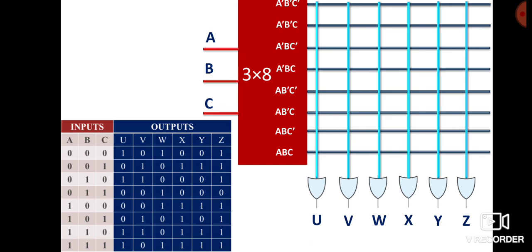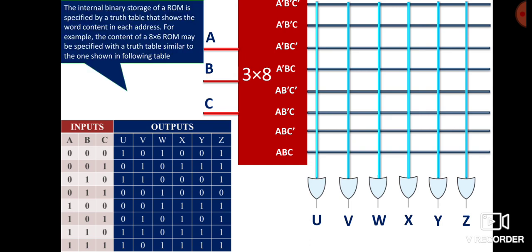When the first output of the decoder is selected, I want the information stored at that address to be 101001. So now I have to configure this ROM so that I can have this kind of output.